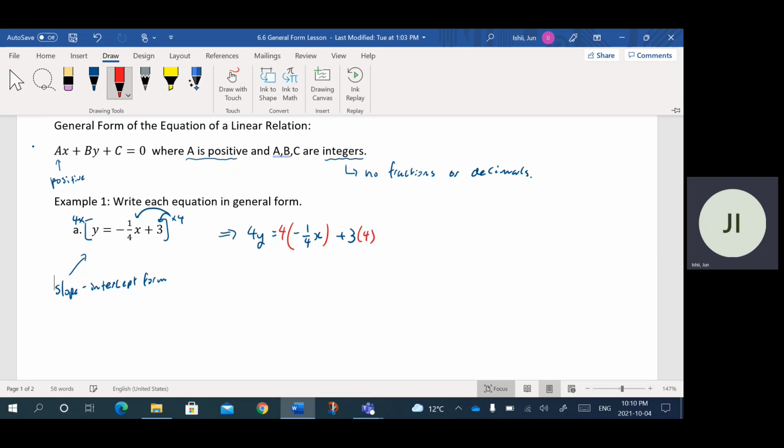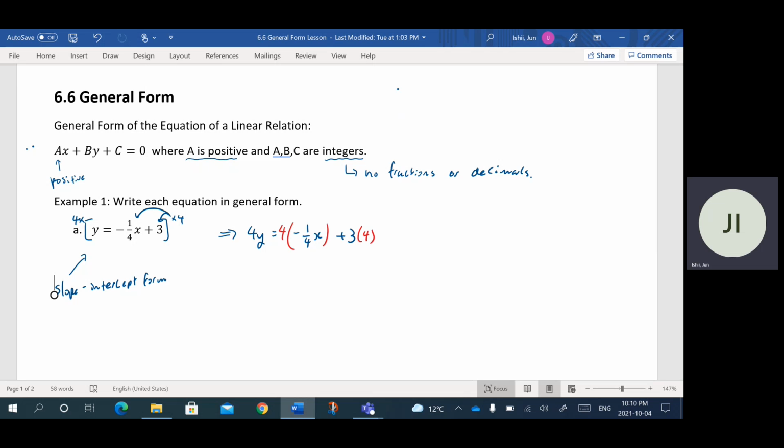Again, using that rule about equations, whatever you do to one side, you do to the other. This is called balancing your equation. You multiply both sides by the same number, which means multiplying each of these terms by that number. Now the 4y, I'll leave as 4y.